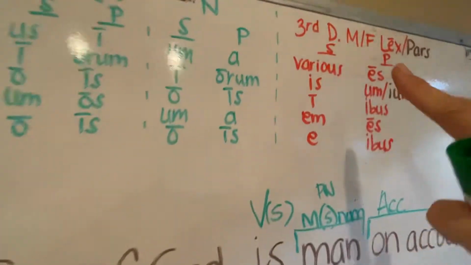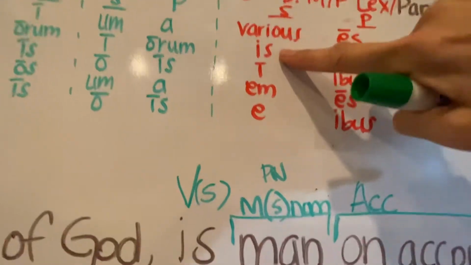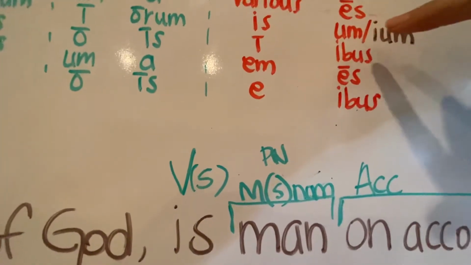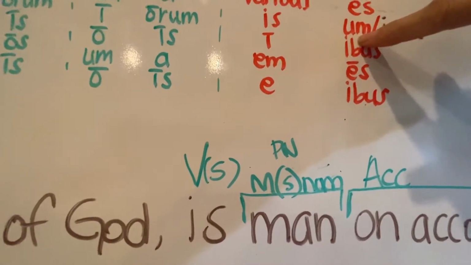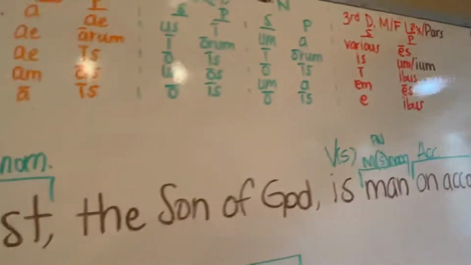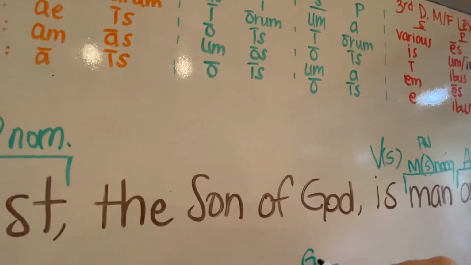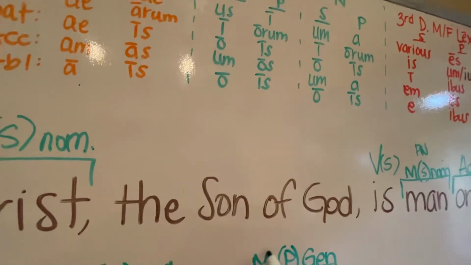So I come up here, homo, hominis. Okay, and it's a genitive. But it's men, so it's a plural. Okay, so homo, hominis is going to be hominum because it's a lex word. Okay, so I'm going to go ahead and label this one as well. This is my genitive. This is plural, and we said it was masculine.